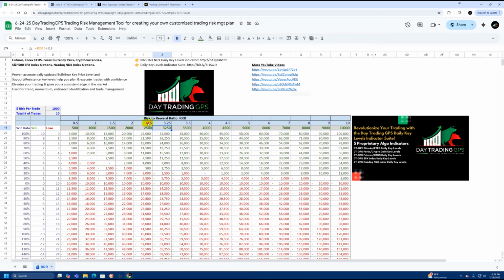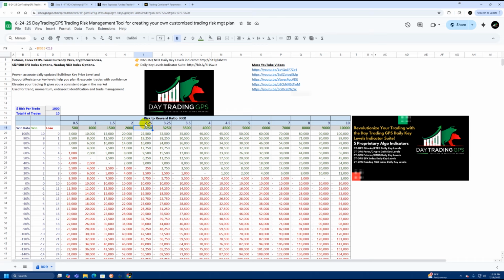But again, we could change this. Let's say we wanted to just make this 2.25 instead of 2.5. And that'll show you how that would work out as well.